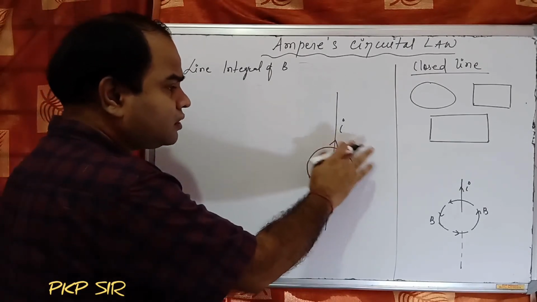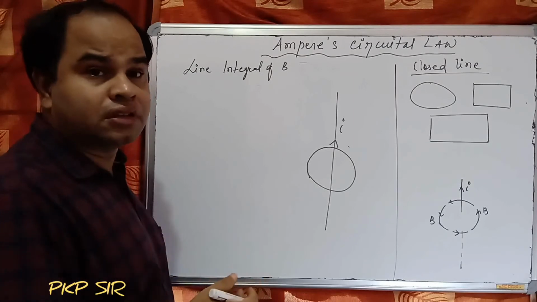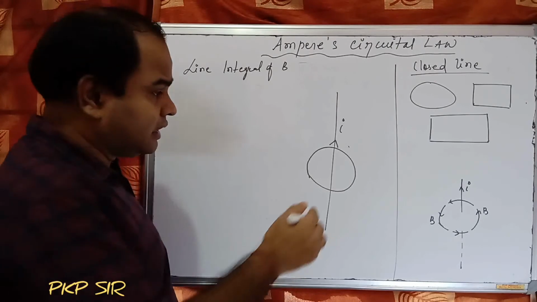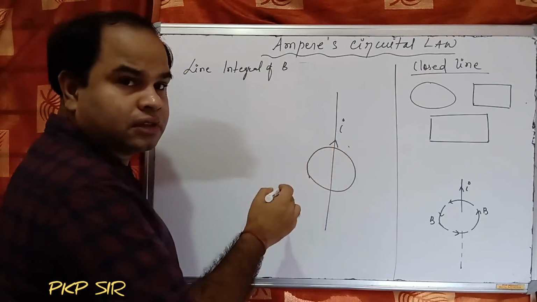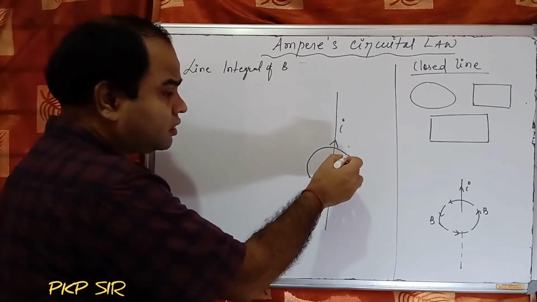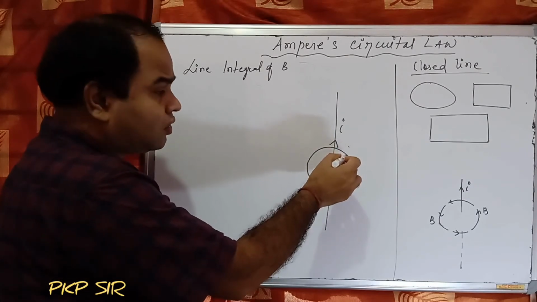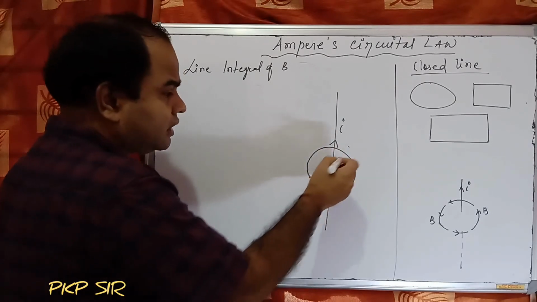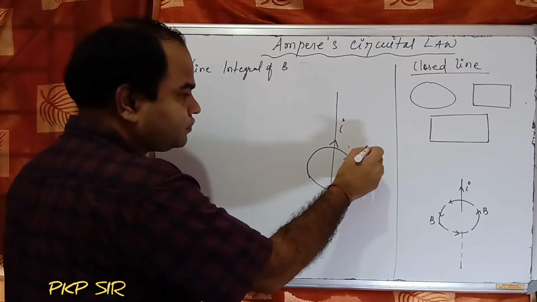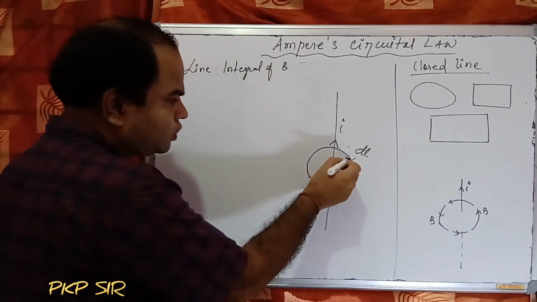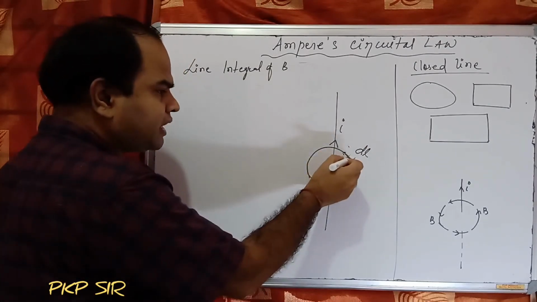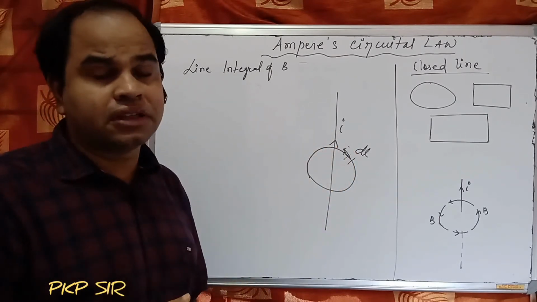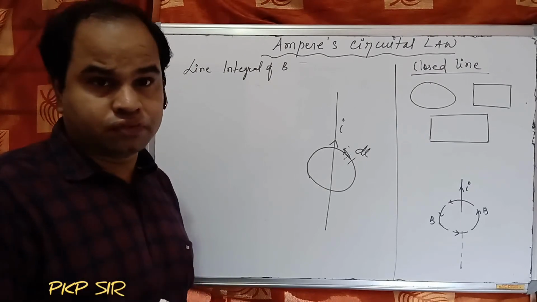To determine the closed line integral of magnetic field along this path, let us consider a small length dl. The dl direction is forward and the magnetic field direction is the same. That means the angle between magnetic field and the small length dl is 0.